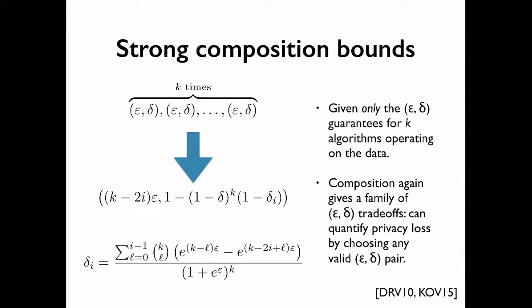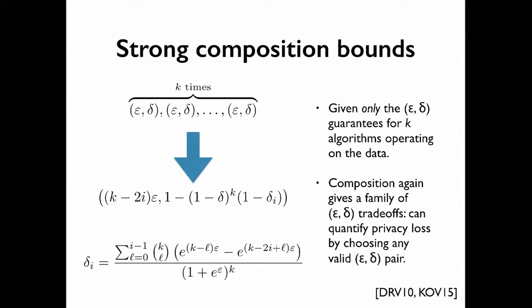But what this is saying is that the composition means that the actual total privacy risk that you're going to experience is, with reasonable probability, not as bad as the worst case would guarantee. So you can do significantly better than this linear increase where naive composition would say, oh, it's k epsilon, k delta, and this is significantly better.